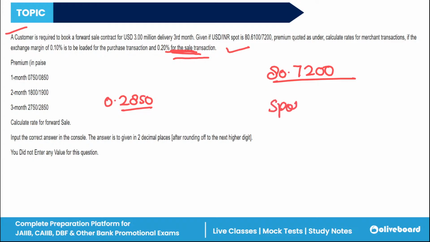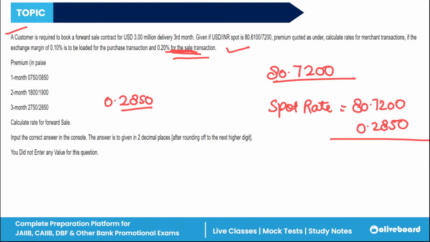Simply, spot rate is given in the question, 80.7200. We have to add the premium, which is 0.2850. Okay, and here margin on sale, first we have to calculate after adding the margin what we get here.